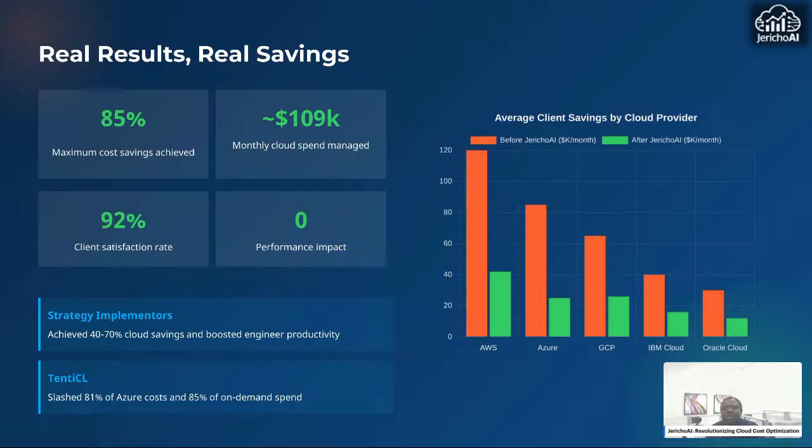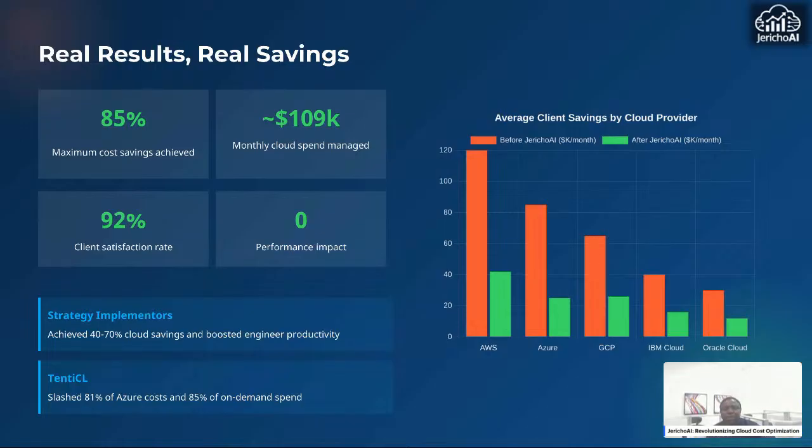So we have seen real results and real savings, and we guarantee maximum cost reductions of 85% achieved. We have seen monthly savings from some over 109. We have seen 92% from a few customers. The performance impact is actually zero, right? We are not just reducing costs while your system slows down or begins to cause issues.